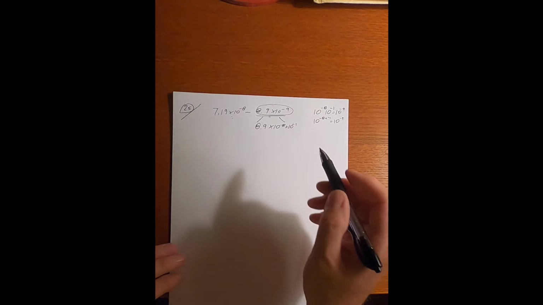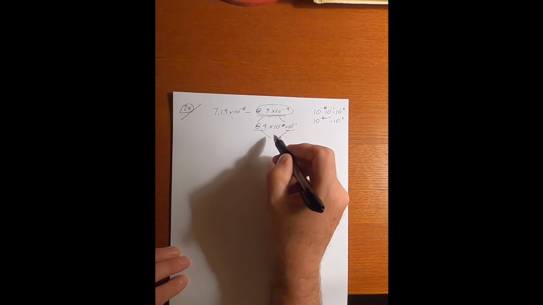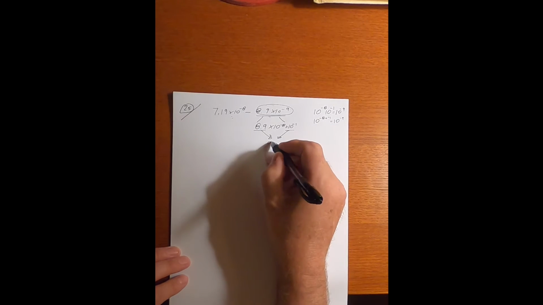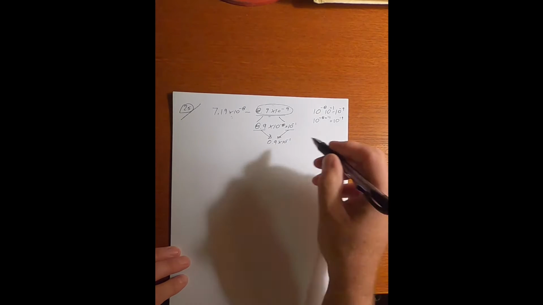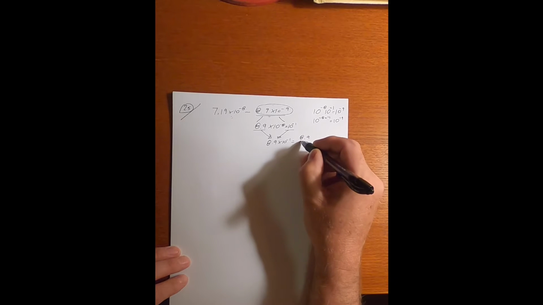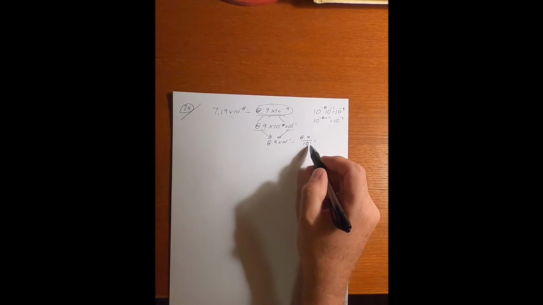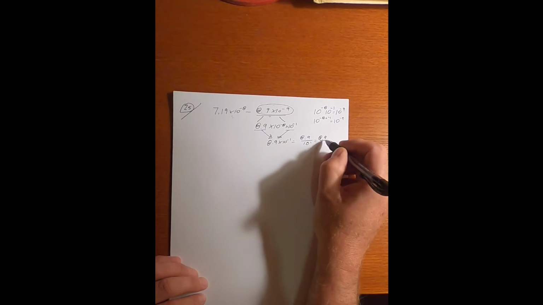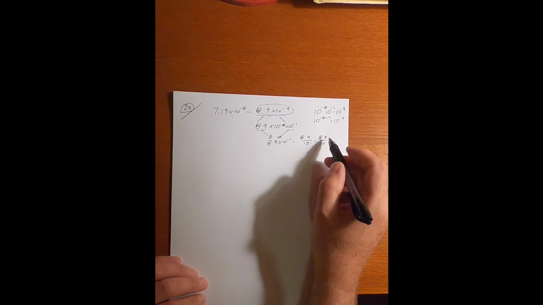Now I'm going to look at these two parts and put them together. 8.9 times 10 to the minus 1 is the same as 8.9 divided by 10 to the plus 1. So what happens when you divide by 10? You make the number smaller, of course.